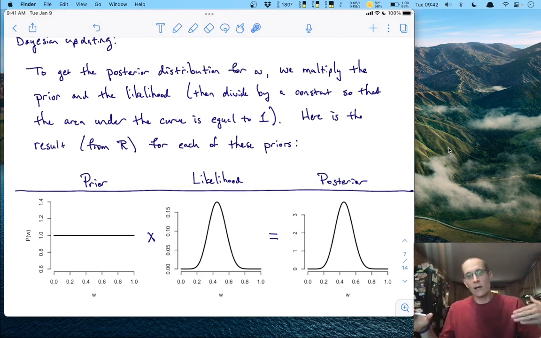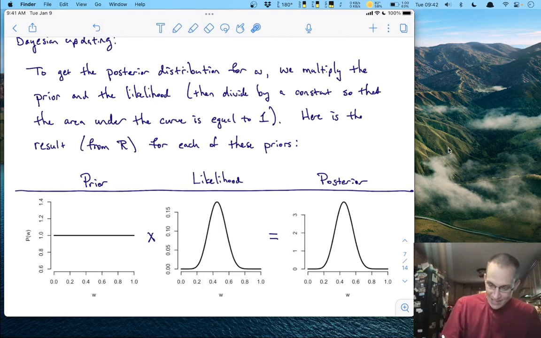All it does when we go through this process with Bayes' theorem is change the heights of things, but it doesn't change the relative heights of them. It simply changes the area under this curve. So the difference between this curve and this curve is this one has an area of 1 underneath. That makes it a probability distribution. This one does not. But by virtue of doing this computation, we get a probability distribution. And we'll talk about how to use that in just a second.